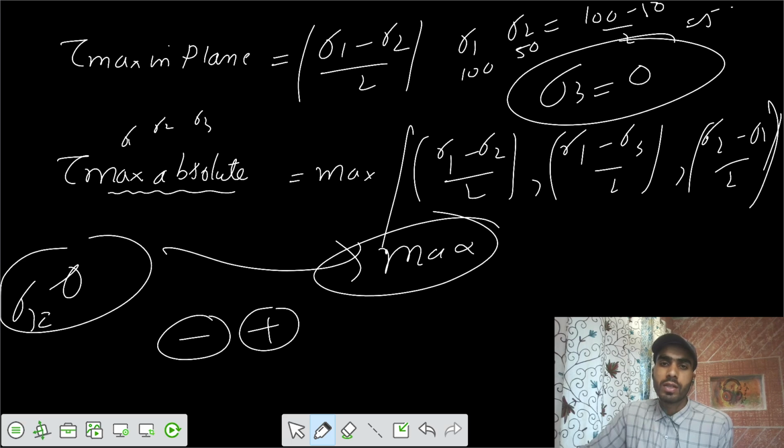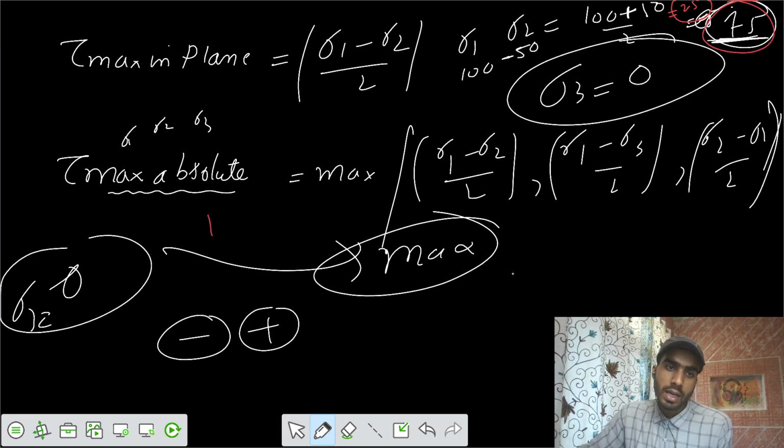But if sigma 1 is 100 and sigma 2 is minus 50, you write 100 minus minus 50, and tau max becomes 75. So you have to see the sign also. Here you got one value of 25 and one value of 75.